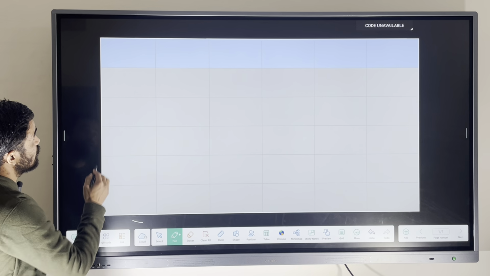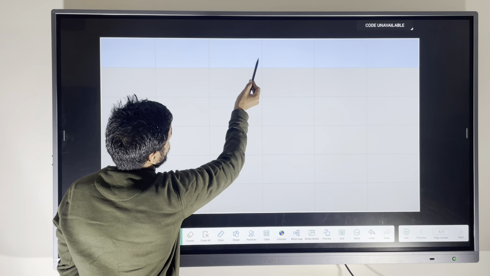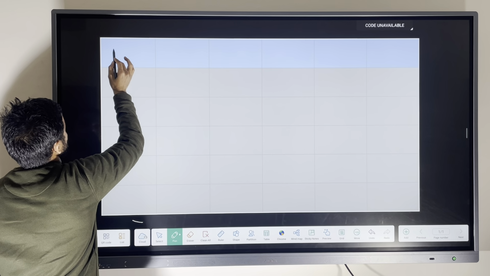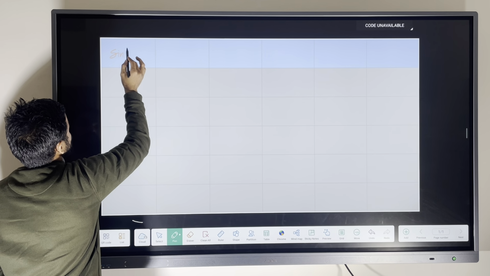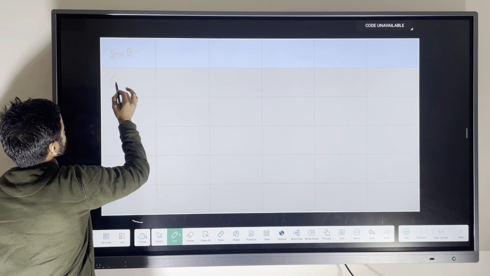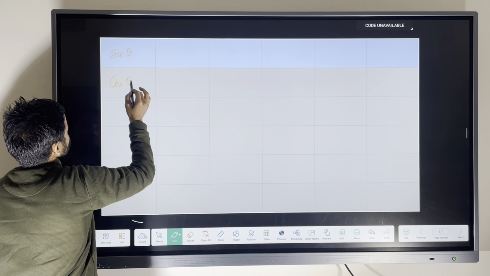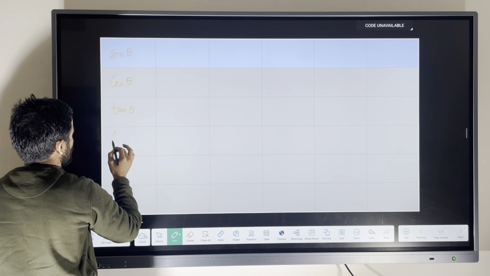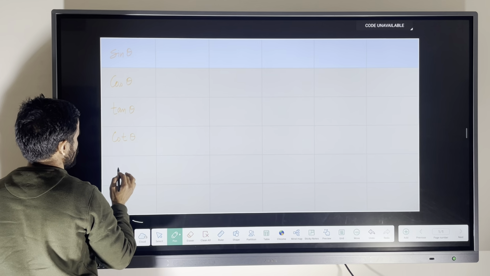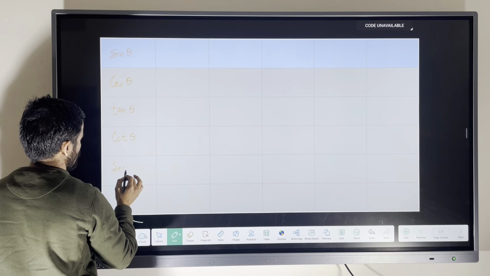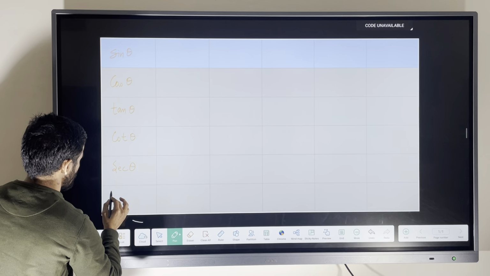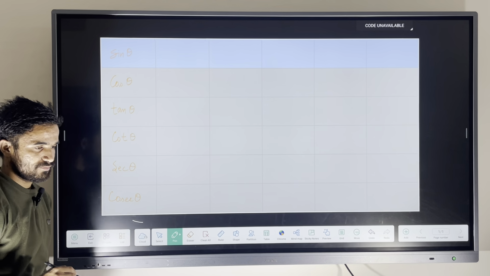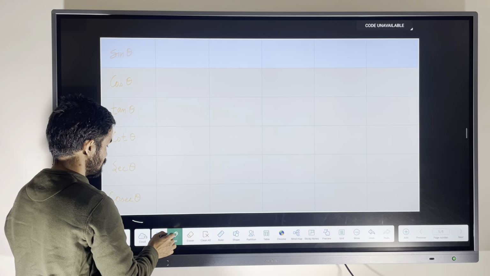Now we have 0, 30, 45, 60 and 90. Now we have 6 trigonometric functions, that is sin theta, cos theta, tan theta, cot theta, sec theta, cosec theta.